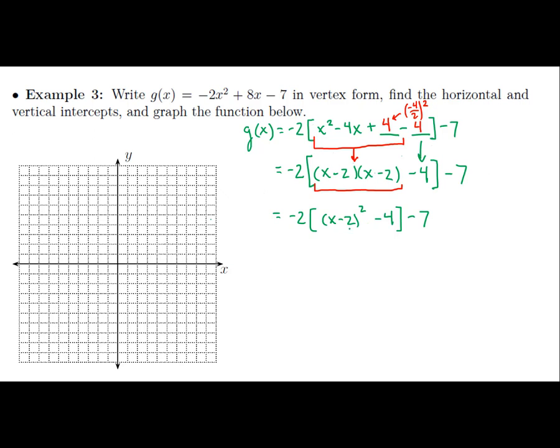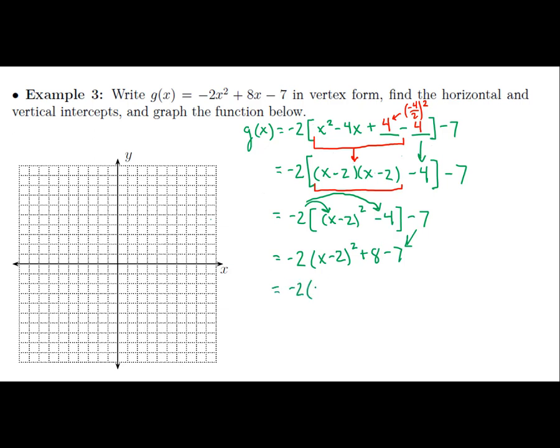This doesn't look quite perfectly like vertex form yet, but that's because I need to distribute my -2 back through to everything. So this will be -2 times x minus 2 squared, and then -2 times -4 is positive 8, and then we have the minus 7 coming down from here.